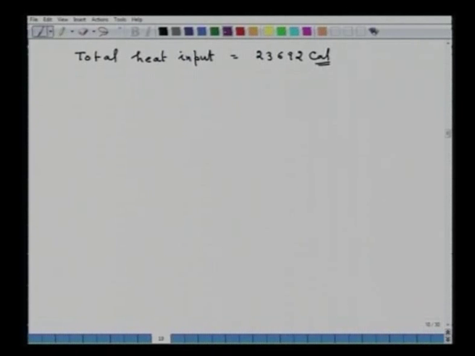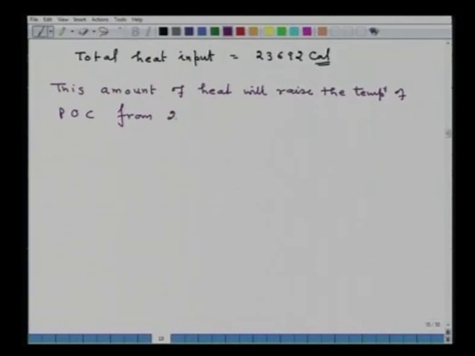Now, this amount of heat will raise the temperature of POC from 25 degrees Celsius or 298 Kelvin to TF, either in degree C or in Kelvin.